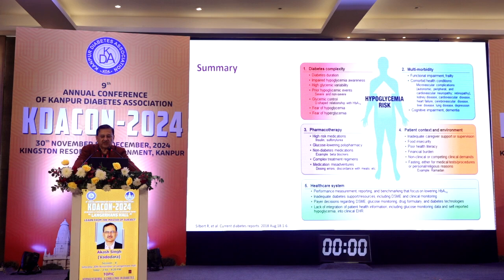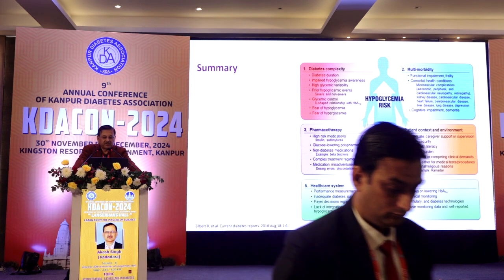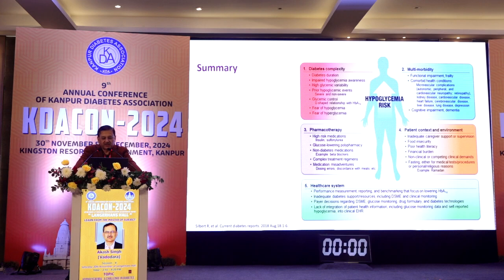Patient context and environment: inadequate caregiver support or supervision, food insecurity, poor health literacy, financial burden, non-clinical or competing clinical demands, and fasting, either for medical tests and procedures or personal religious decisions, again lead to difficulties in managing the diabetes patient. In the healthcare system, there are no performance measurements, reporting, and benchmarks that focus on lowering hypoglycemia, and there are inadequate diabetes support resources, including diabetes self-management education and clinical monitoring.